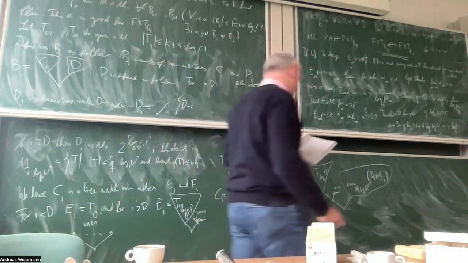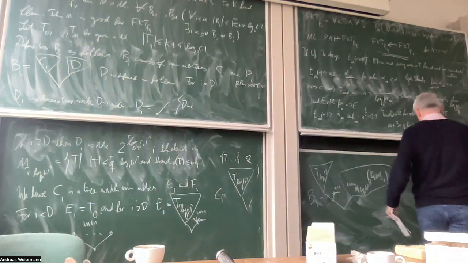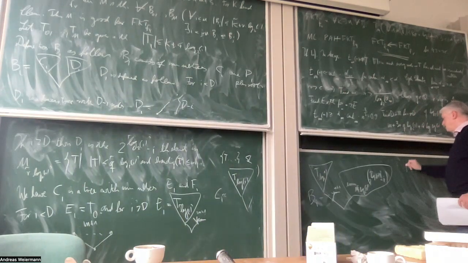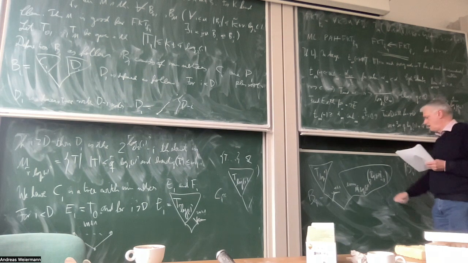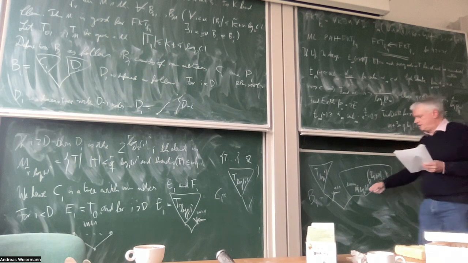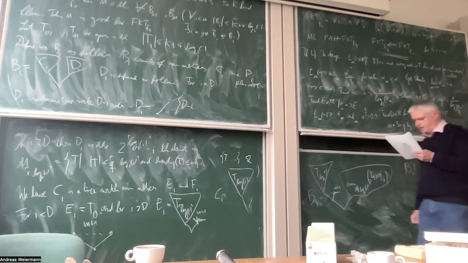First of all, what can we say about BI? Is it all well defined? The number of nodes in BI is bounded by what? Number of nodes here, number of nodes here, number of nodes here.